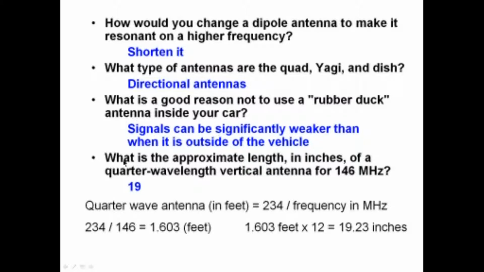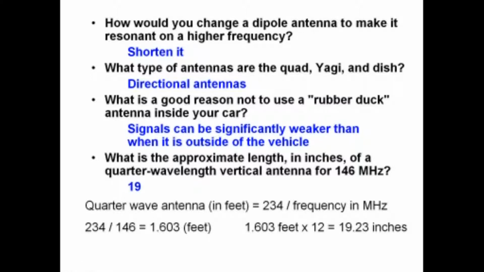What's the approximate length in inches of a quarter wave vertical antenna for 146 megahertz? Okay, we have a magic number here of 234, which is the constant that we use to figure a quarter wave antenna. We take 234, divide it by the frequency in megahertz. So here we've done that, 234 divided by 146 megahertz, and we get an answer of 1.603 feet for our antenna length.